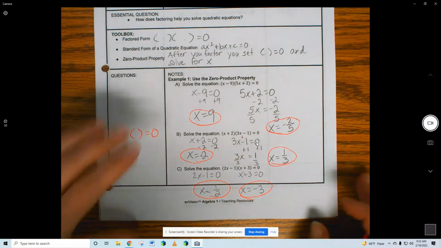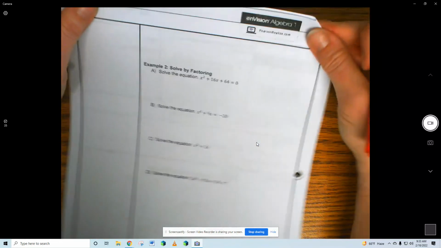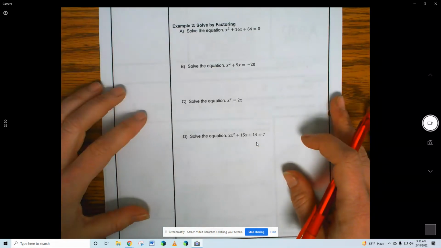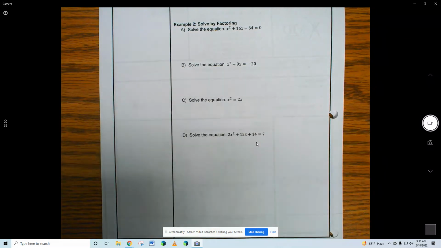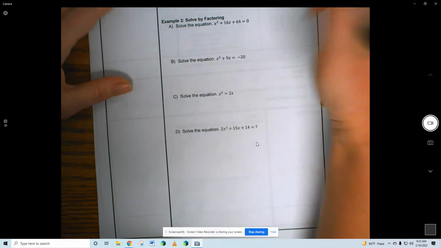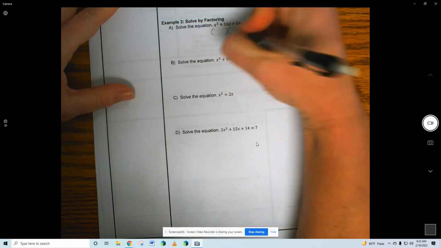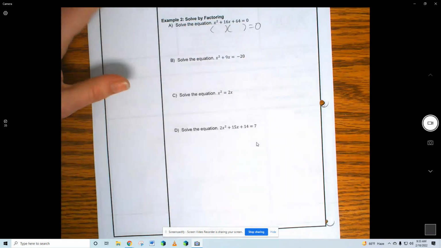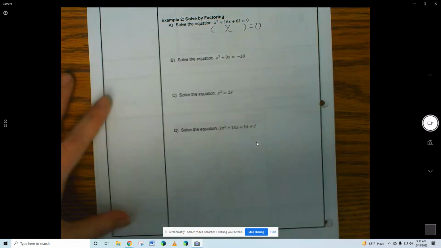So here we go. Moving right along. Now I have to factor by myself. It's in quadratic form. You need to factor on your own. Two numbers that multiply to make 64 and add up to positive 16.